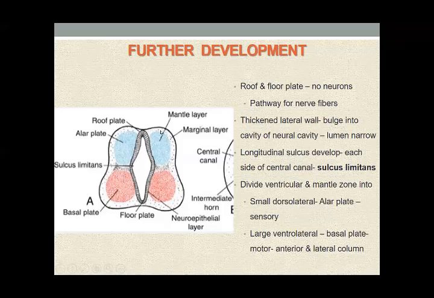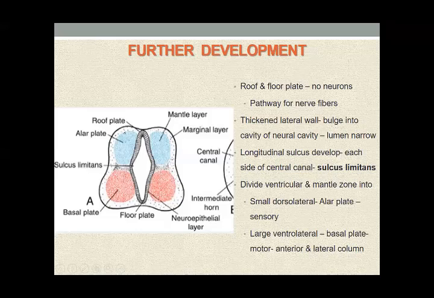These fibers move from here to here, यहाँ से fibers इधर आए, they pass through the roof plate and floor plate. As more neurons are added to the lateral walls, ये जो lateral walls के जो groups ये हैं developing neurons के bundle, ये groups जो बन गए हैं, they simply bulge into the central canal.